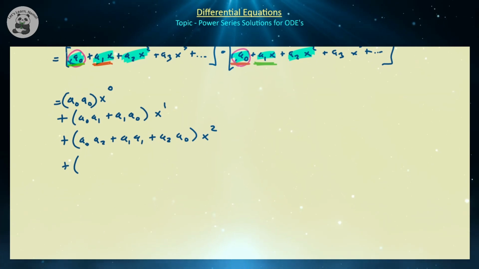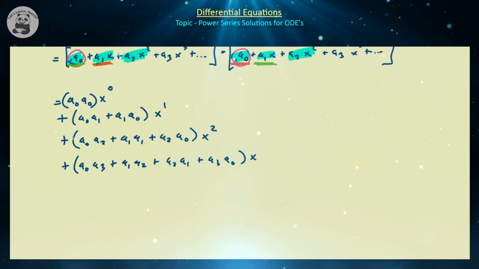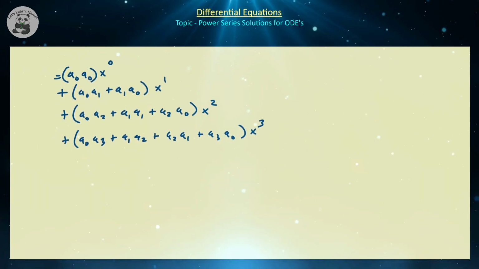from this expansion. And you're going to have a0 a3 plus a1 a2 plus a2 a1 plus a3 a0 times x cubed. And if you notice, these constants are sort of permuting around each other in a similar way, the powers in the binomial expansion exponents sort of follow. Right?